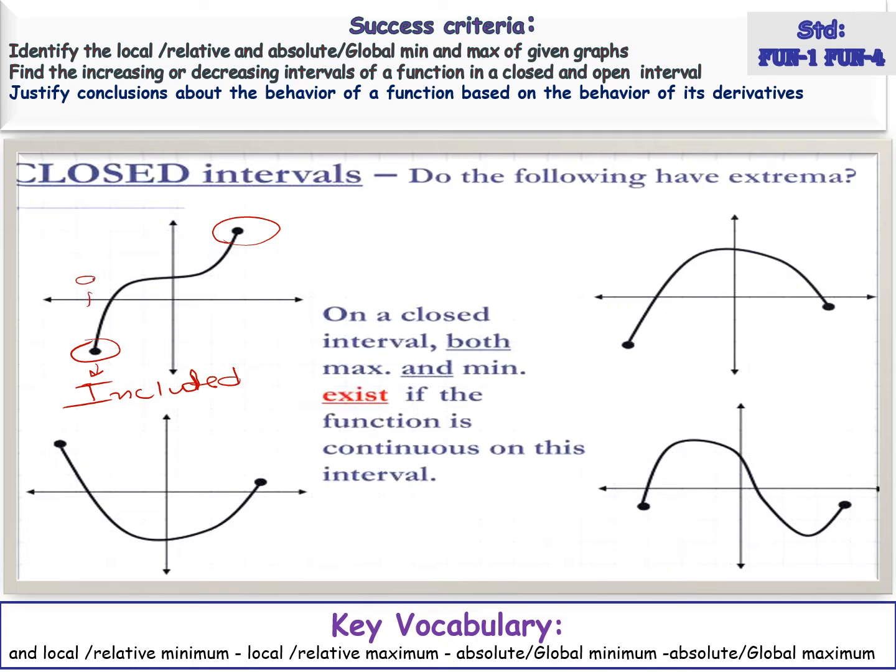If we say that the starting point is A and the ending point is B, then the function from A to B is continuous everywhere and the starting and the last points are closed, so we can say that this is a closed interval.